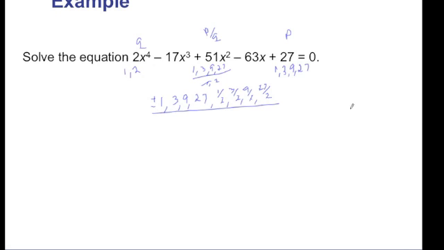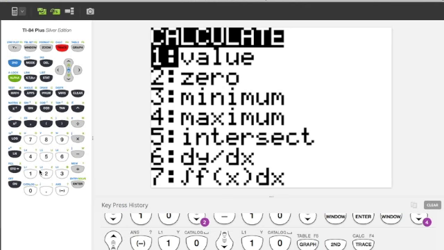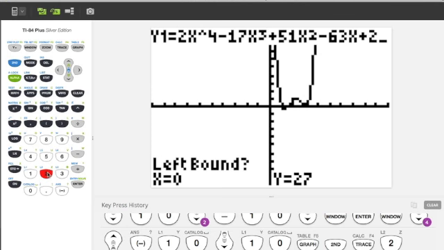Let's look at what happens with the graph. Interesting. Where does it look like we have zeros? One is 0. Well, left-bounded 0 will work.